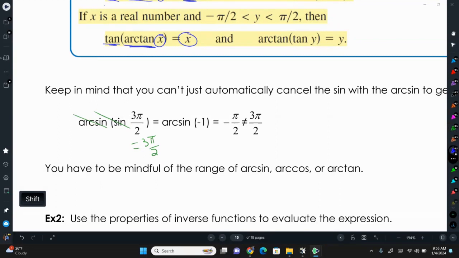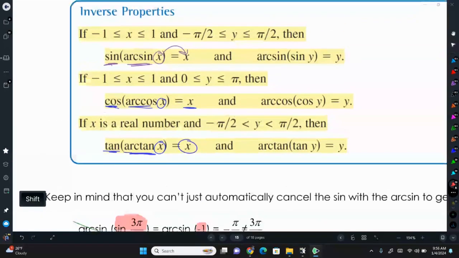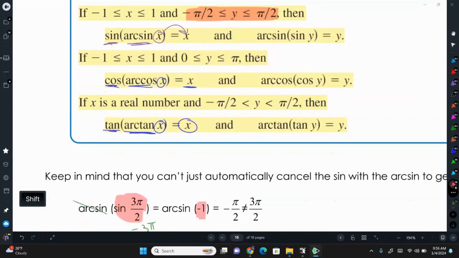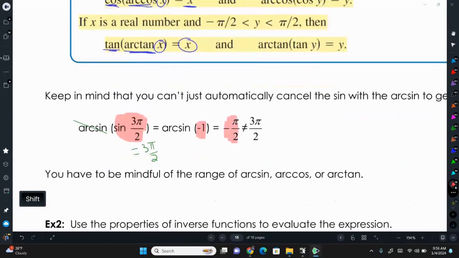What you would do instead is evaluate the sine of 3 pi over 2, which is equal to -1, and then ask ourselves, when does sine equal -1? Yes, sine does equal -1 at 3 pi over 2, but that's outside of our restrictions right here. So instead the answer would be -pi over 2.